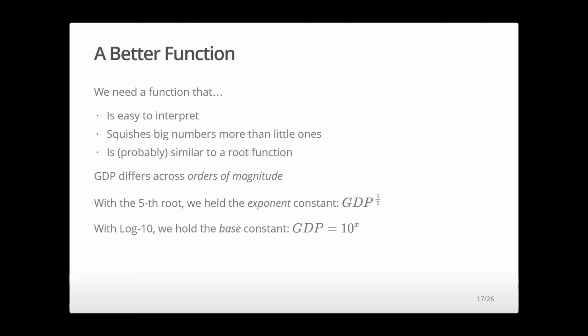Our GDP value raised to the power of 1 over 5 equals our output. But what if we kept the base the same instead and asked the inverse question? And let's make that base a number that will help us interpret magnitude. 10. What power would we need to raise 10 to get our GDP value? That's the question that log base 10 answers.